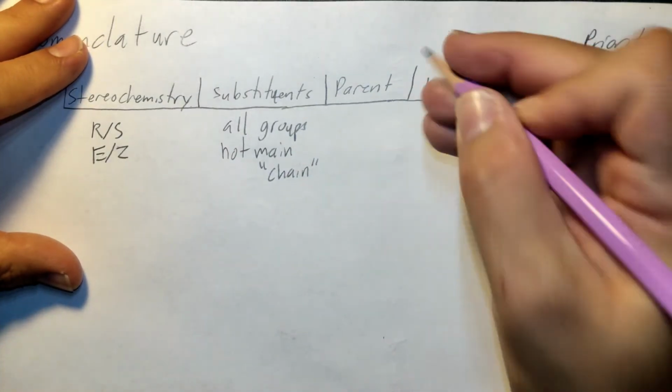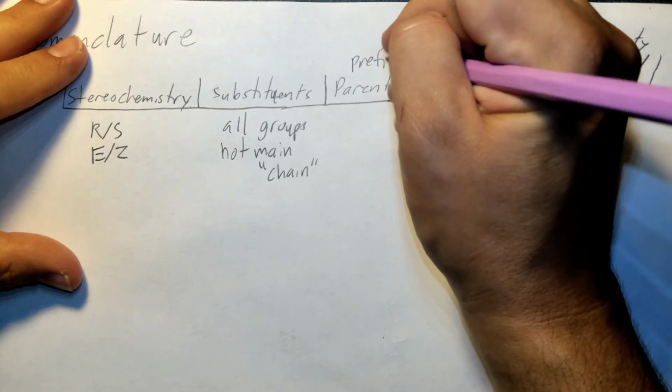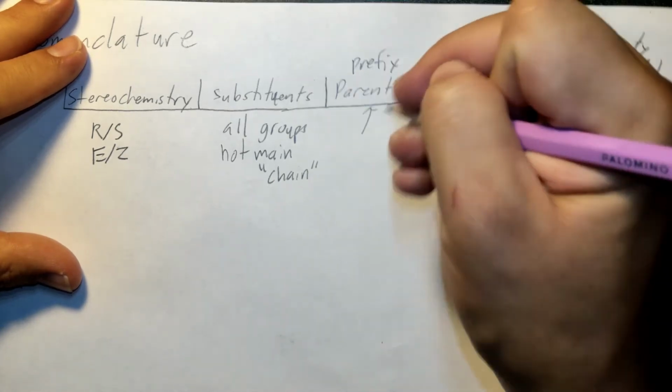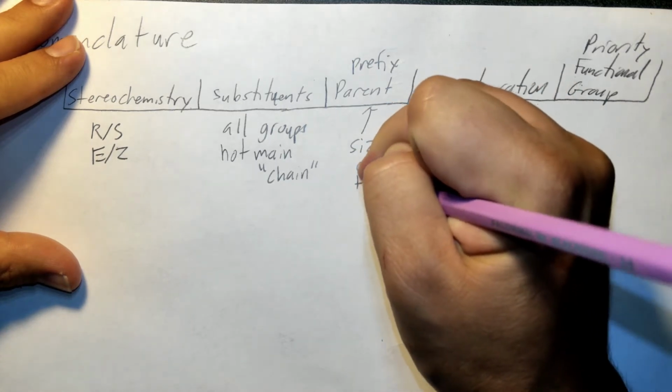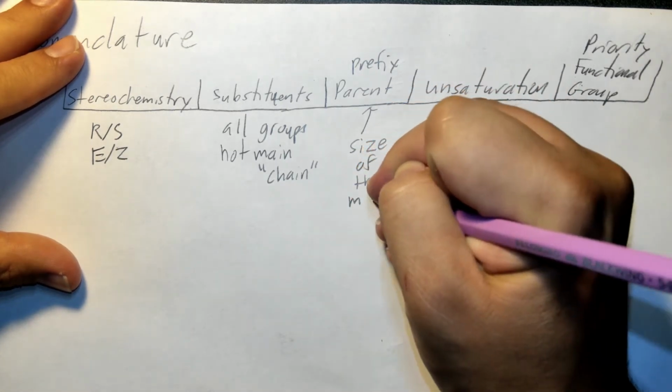Then you've got the parent, and it's a prefix. This represents the size of the main chain.